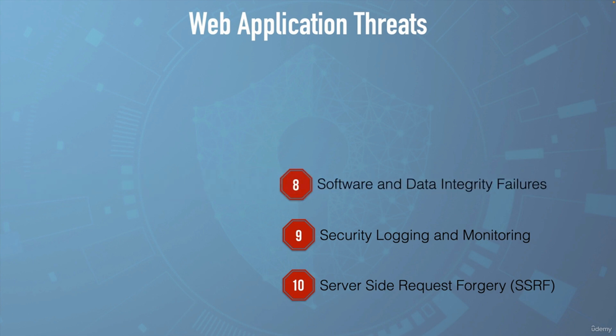Number 8 is software and data integrity failures. As an example of this, if you think about your typical home router, many of these do not verify the device firmware when you're performing a firmware update. That is an integrity flaw. That means an attacker could somehow gain access to your router and send their own malicious version of the firmware.